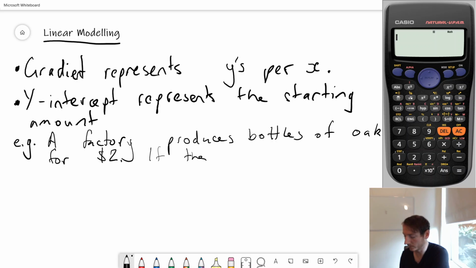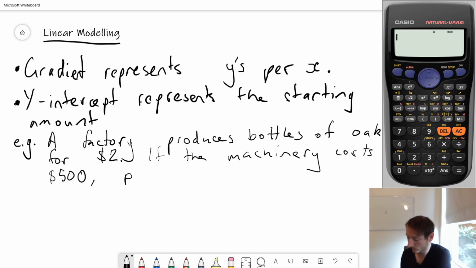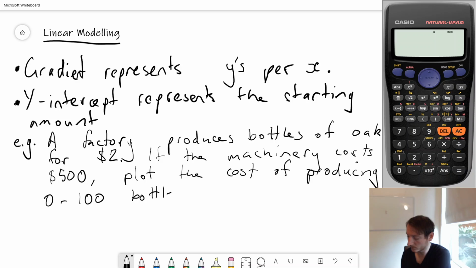If the machinery costs $500, plot the cost of producing 0 to, let's say, 100 bottles.